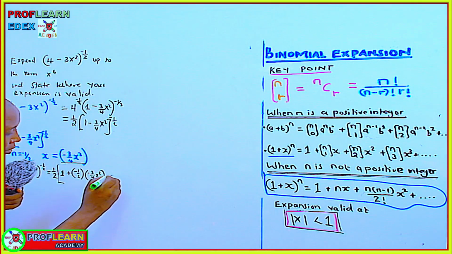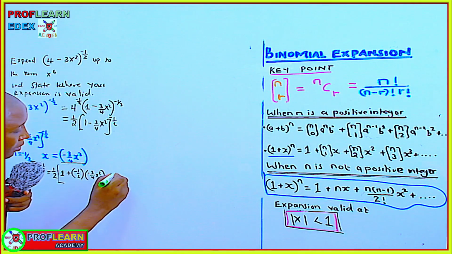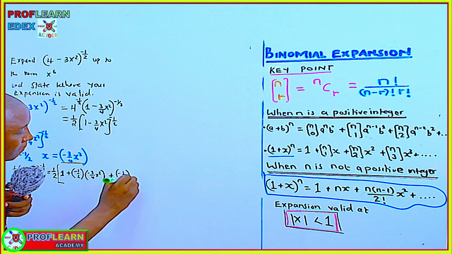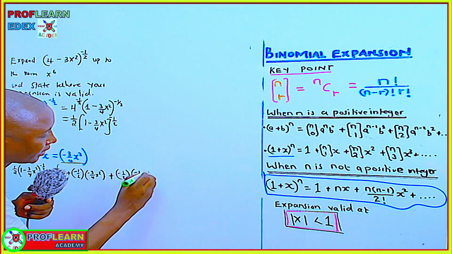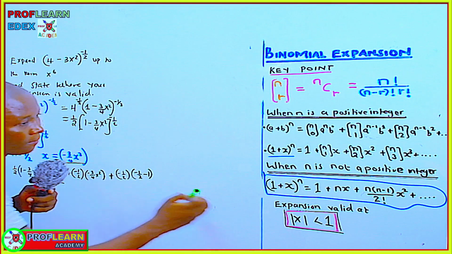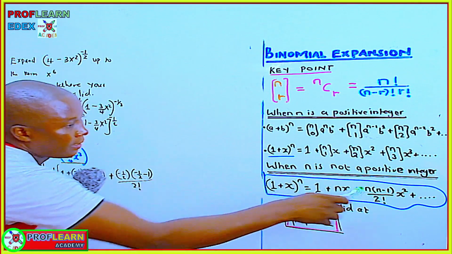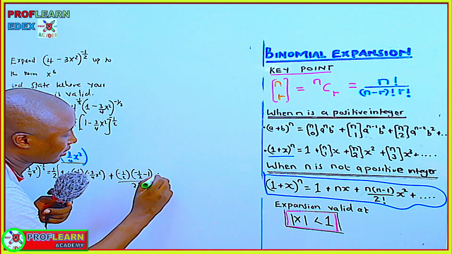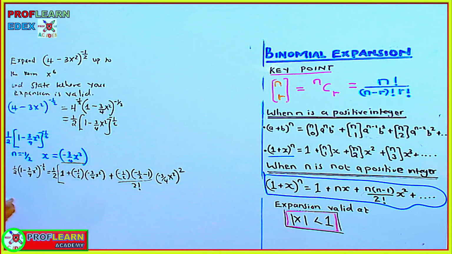So my next term will be my n, minus 1 over 2, times n minus 1, that is minus 1 over 2 minus 1, over 2 factorial, then x squared, but my x is negative 3 over 4 x squared, then I square that.